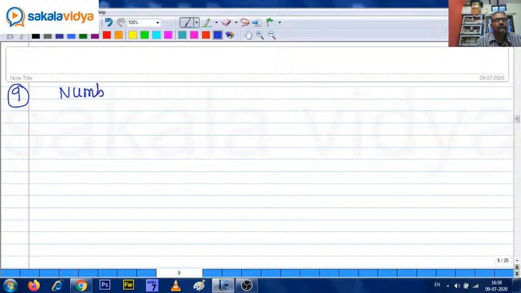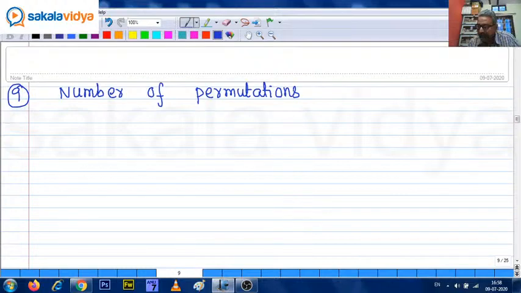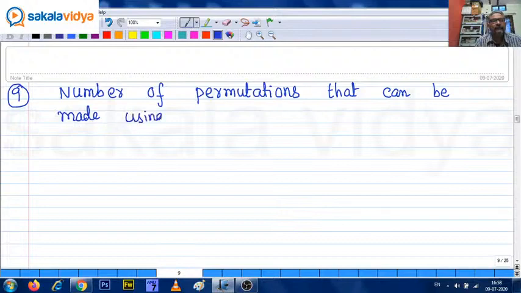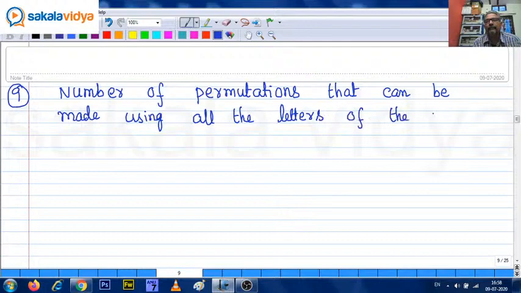Number of permutations that can be made using all the letters of the word MATRIX is.